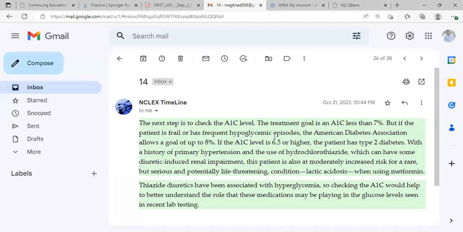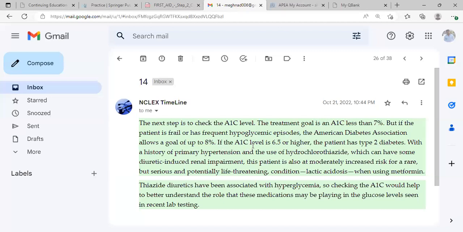Maybe they need to learn or need some medication or education. The American Diabetes Association allows a goal up to 8% if the patient has frequent hypoglycemic episodes, because hypoglycemia is also dangerous. It is more dangerous than hyperglycemia.